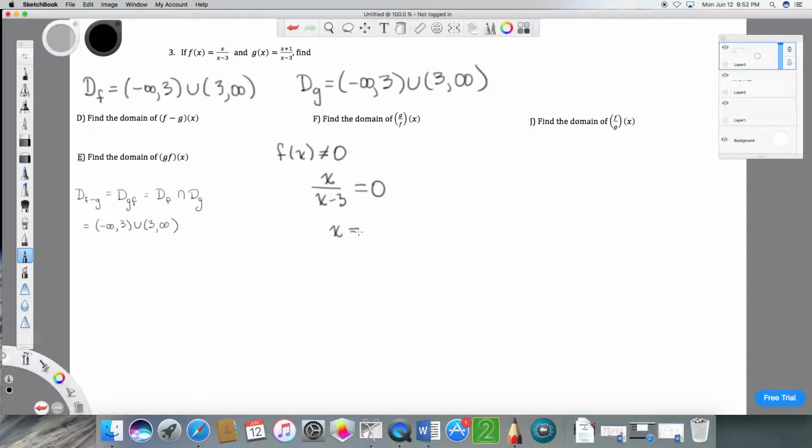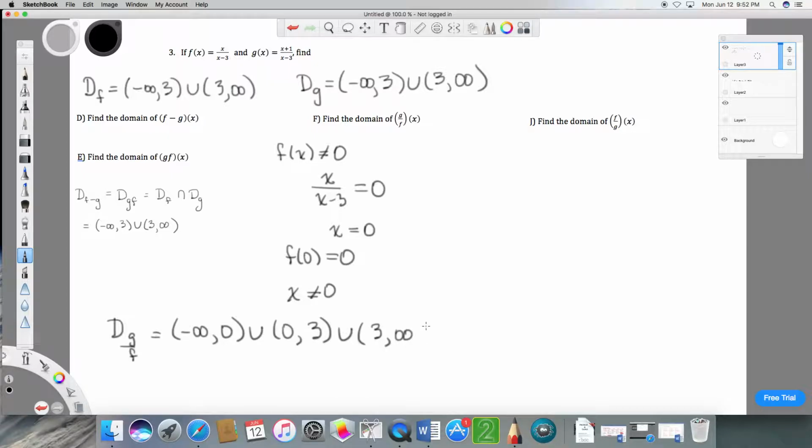So if x were allowed to equal 0, then f evaluated at 0 is 0. We don't want that to happen, so we're going to have to throw 0 out of the domain. We've already thrown out the number 3. Now we have the additional restriction to throw out the number 0. So the domain for g divided by f is from negative infinity up to 0, excluding 0, up to 3, excluding 3, all the way up to positive infinity. So there's our domain for g over f.